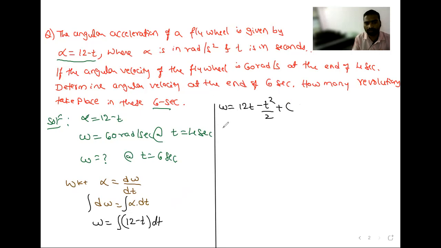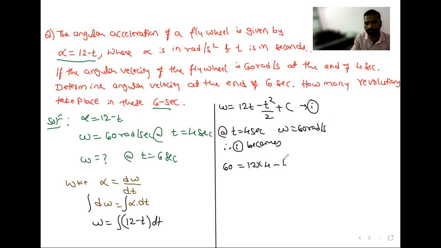Here the boundary condition is given. What is the boundary condition? Omega is equal to 60 radian per second at t is equal to 4 seconds. Substitute this in equation 1. Equation 1 becomes 60 is equal to 12 into 4 minus 4 square divided by 2 plus c.